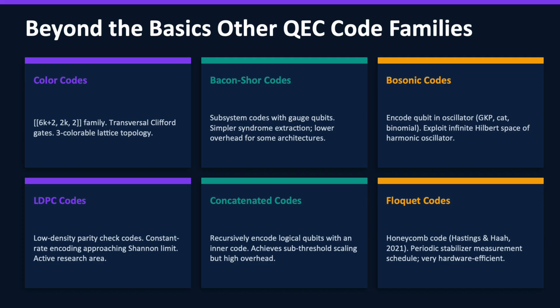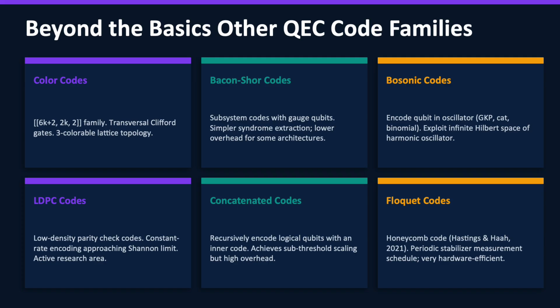The three codes we have studied in detail are not the whole story. Researchers have developed a rich zoo of quantum error correcting codes, each with its own strengths and targeted at different hardware platforms and computational goals. Understanding the landscape of these code families helps clarify both how much progress the field has made and how much work remains.